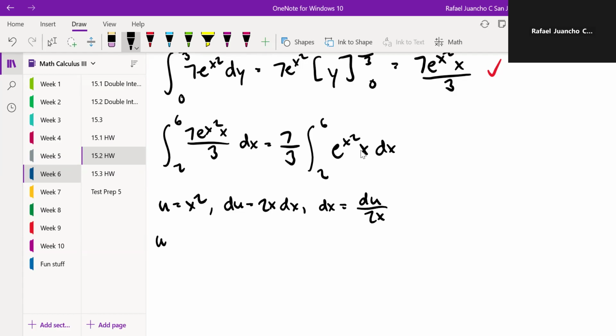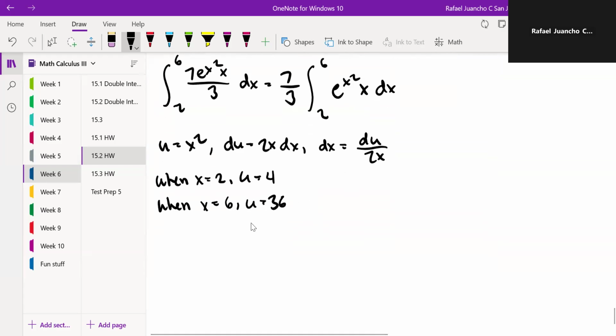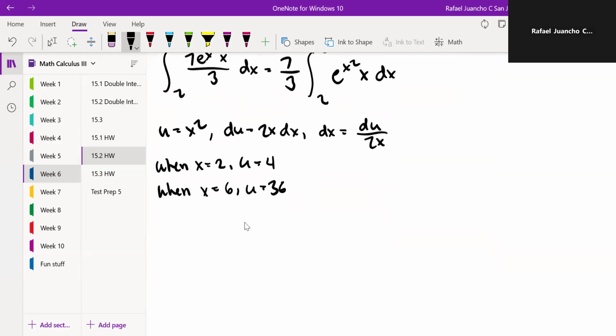Oh, and so when my x is 2, my u is 4. When my x is 6, my u is 36, because I basically just square all of them. So here I would get 7/3, 4 to 36, e to the u, x, du over 2x.